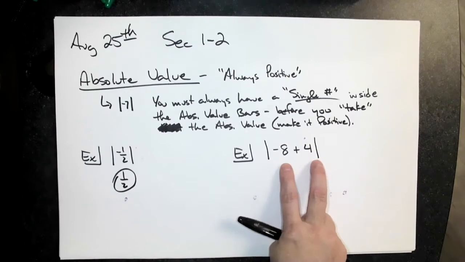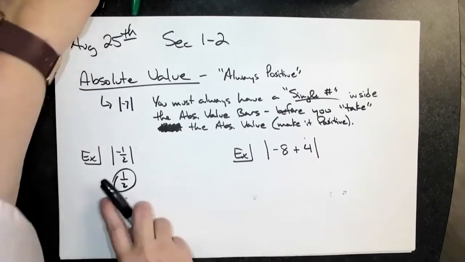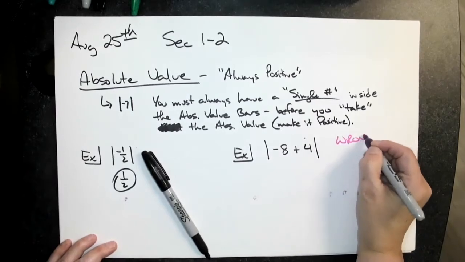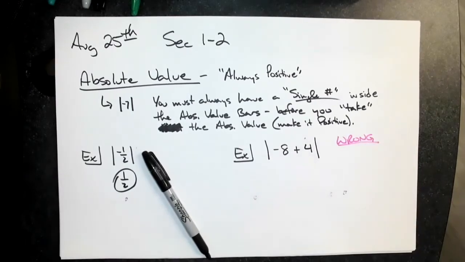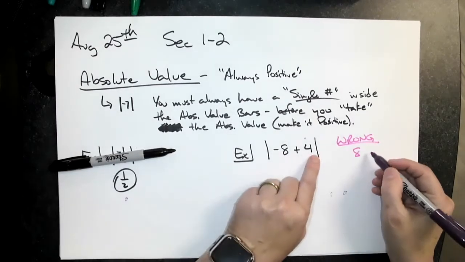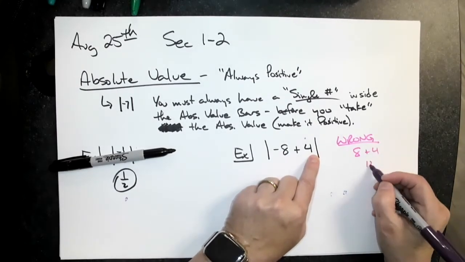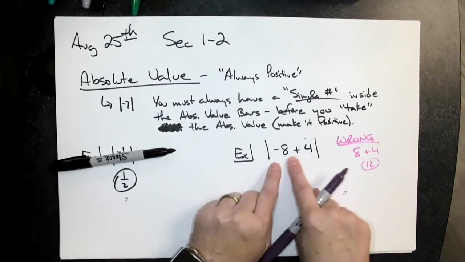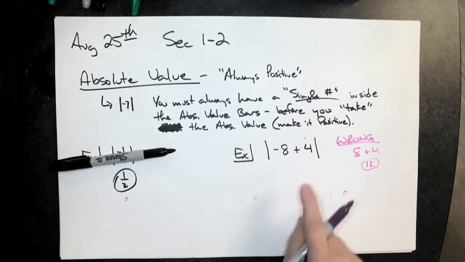On this one, I have, let's do this wrong thing again. I have people say, oh, well, absolute value is always positive, so I'm going to make this positive. That's already positive, so then I'm going to get a 12. All right, you can't do it like that, because why? This is not a single number in here.